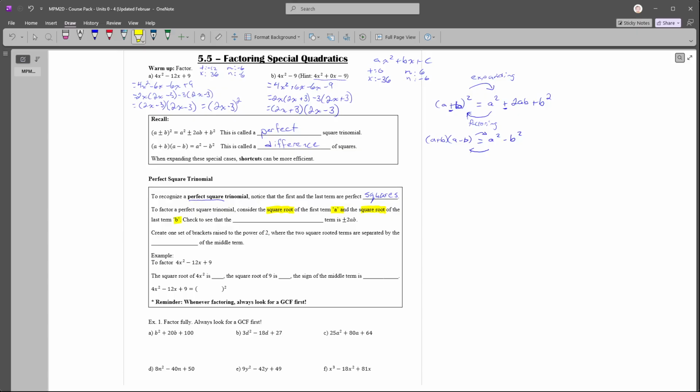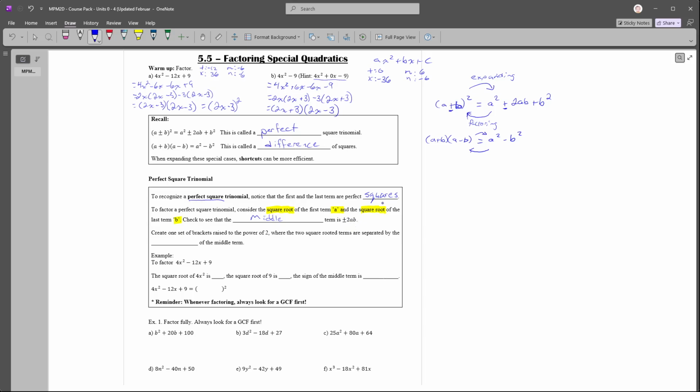Now, the trickiest part is the next piece. We have to check to see that the middle term is the equivalent of 2ab, where the sign stays the same. Okay? 2ab. That you have to try and do with mental math.